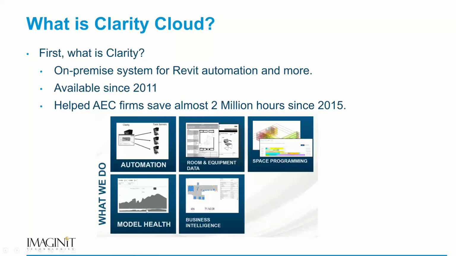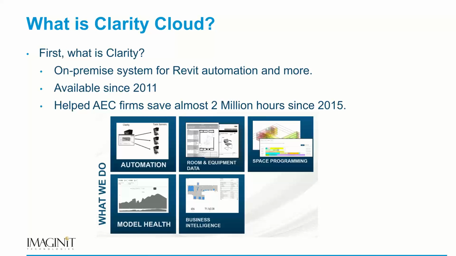It has a lot of model health features, but also other features for things like room and equipment data sheets being automated, business intelligence, extracting out all your Revit data into a format that can be used with business intelligence tools. There's a space programming module. There's all sorts of things out there. And we've got lots and lots of customers that use this as part of their everyday work. But we know that the world is moving towards the cloud.